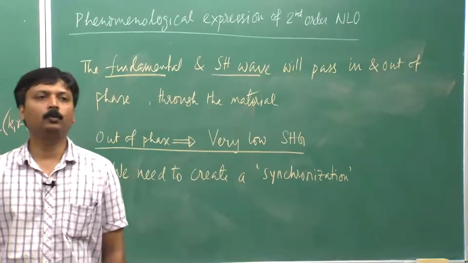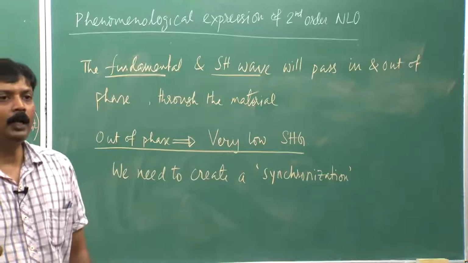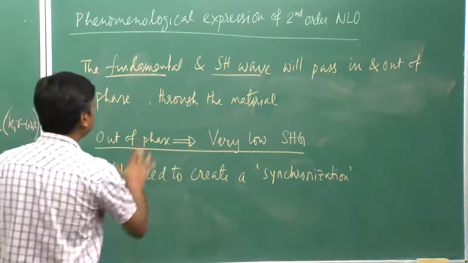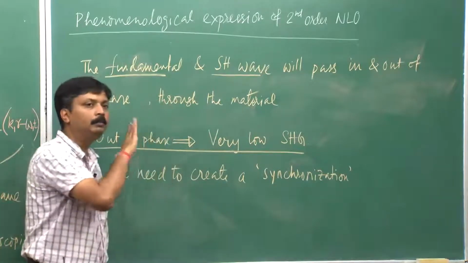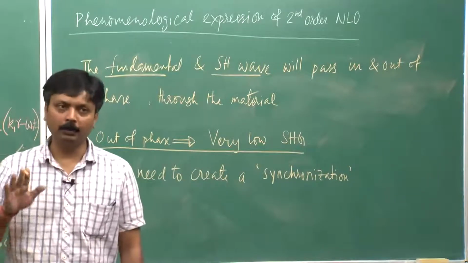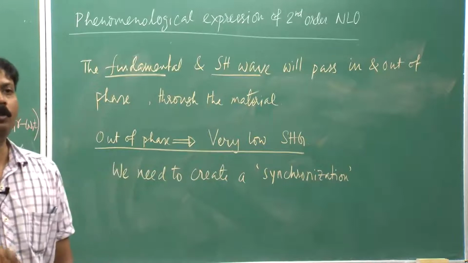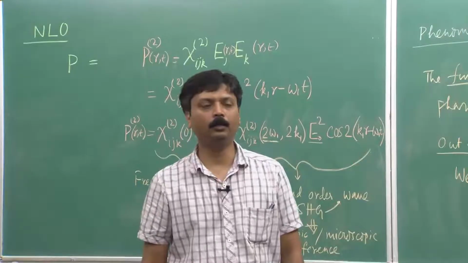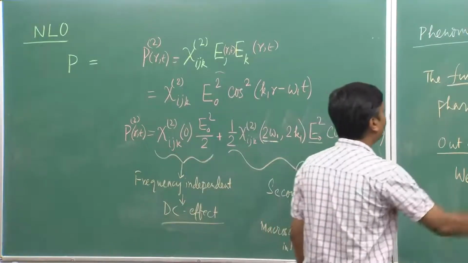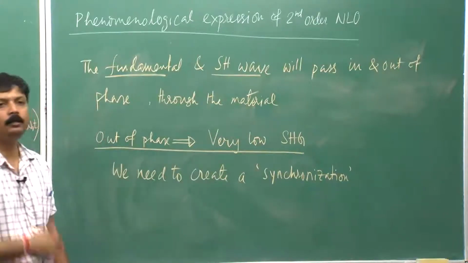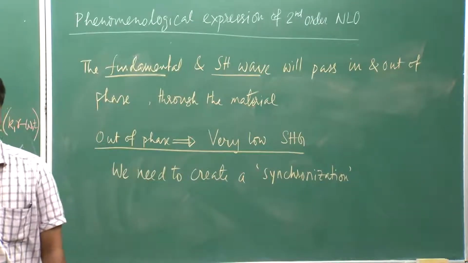Why do we need to do that? Because there is something called dispersion, and because of this dispersion, I can have an out of phase relation between those, which can lead to destructive interference.